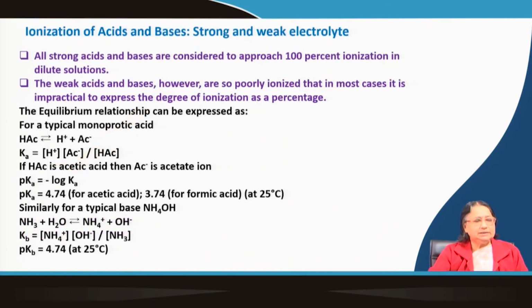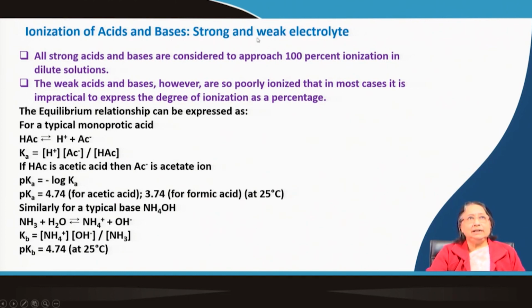Now, ionizations of acids and bases. If you remember the Arrhenius concept, the electrolytic dissociation theory, he first observed that different things when put in solution give different conductance. That means the acid may be strong or it may be weak.